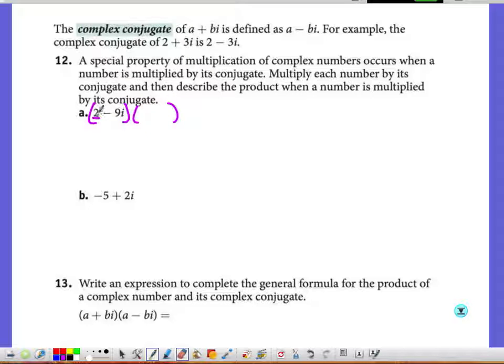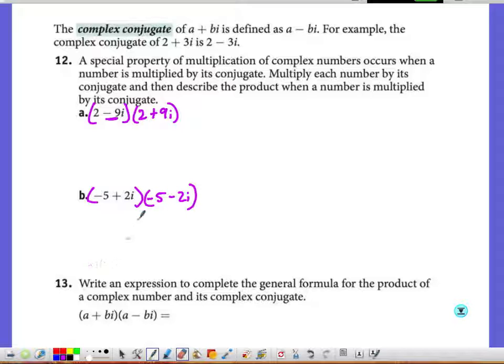The real part stays the same, so that's going to be 2, and the imaginary part becomes the opposite. And so this is going to be plus 9i. Here, again, the real part stays the same, negative 5. The imaginary part becomes the opposite, so it's negative 2i.